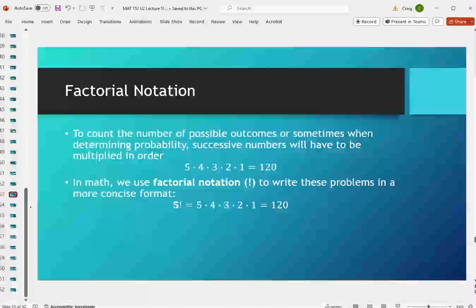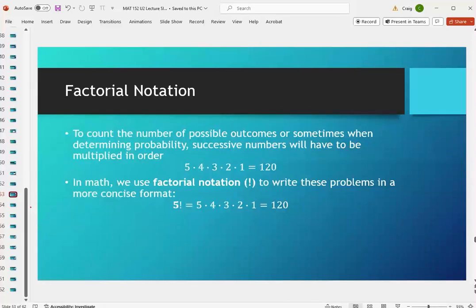And so we use a particular type of notation called factorial notation to represent that multiplication. This is not really a math thing so much as a bit of shorthand instead of writing these numbers out every time. And you'll see how it becomes helpful really quickly.